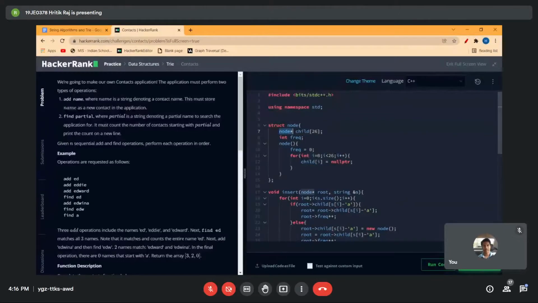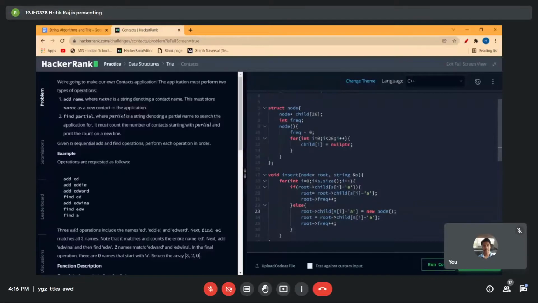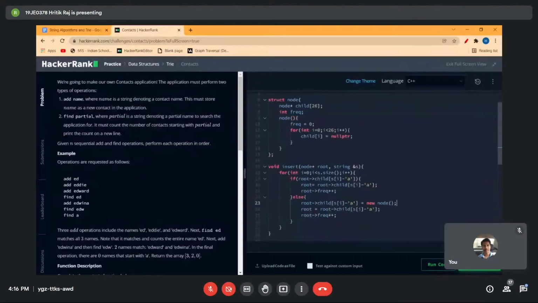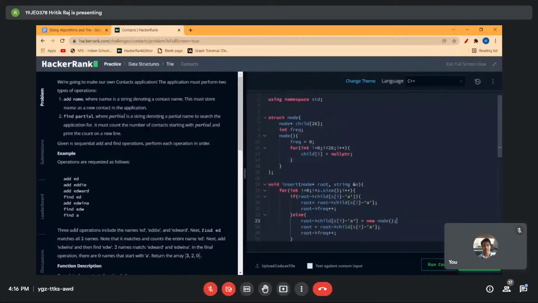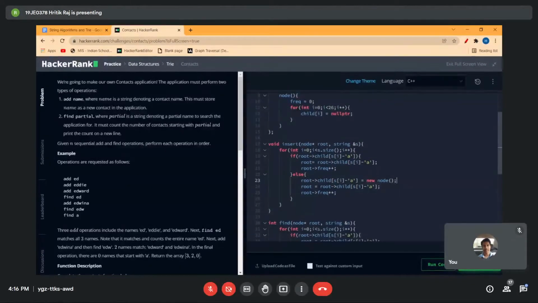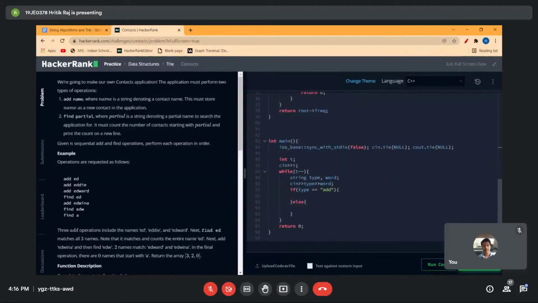Node star is a pointer, so we have to take new node. It would be better if you practice some implementation of pointers, because pointers are important not only for this topic but also for linked lists, which are asked a lot in interview questions.